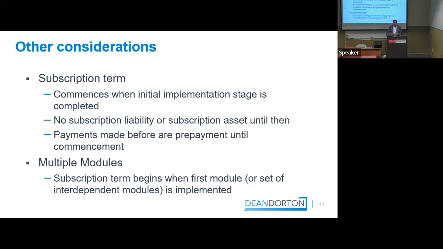If you're doing a phased implementation of a new software, once you get the first one ready to go and start using it, you now have the whole asset and liability for the whole contract, not just that piece. The thought pattern there is that once you have implemented the first one, there's a pretty unlikely chance you're going to go back and decide not to implement all of the rest of the modules.